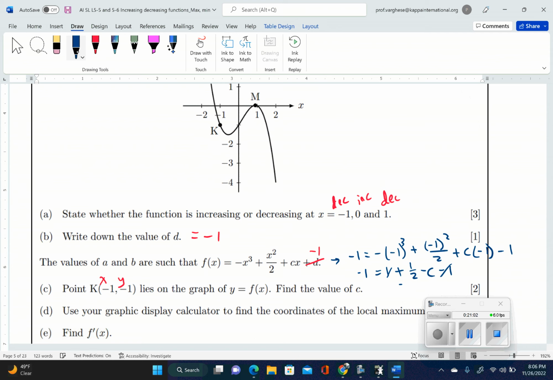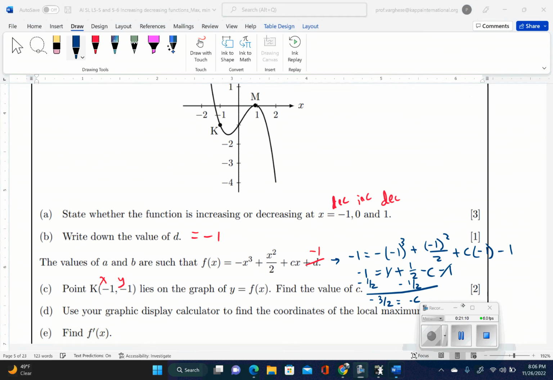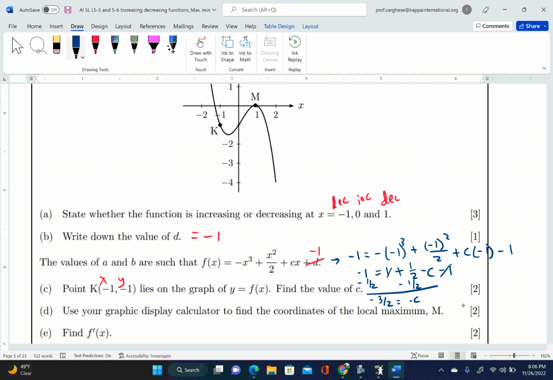So I'm left with subtracting 1/2 on both sides. So to do that, I get -3/2 is equal to -c. And if I divide both sides by -1, I get c is equal to 3/2. So there is my value of c. Using your graphic display, so our calculator, find the coordinates of the local maximum.